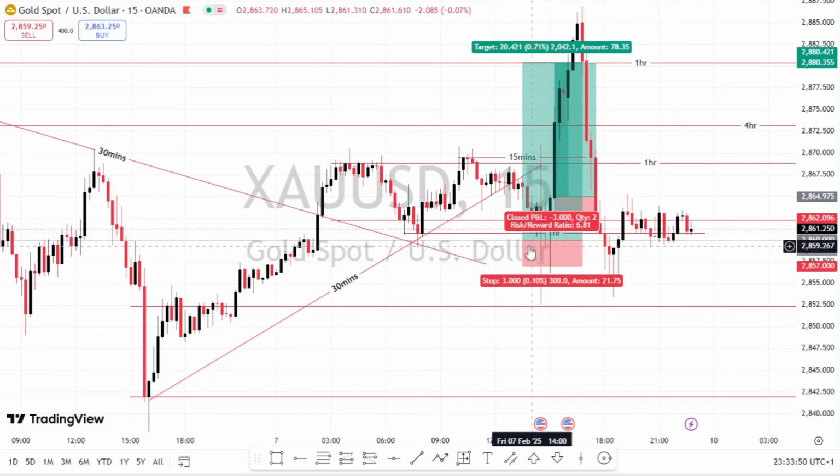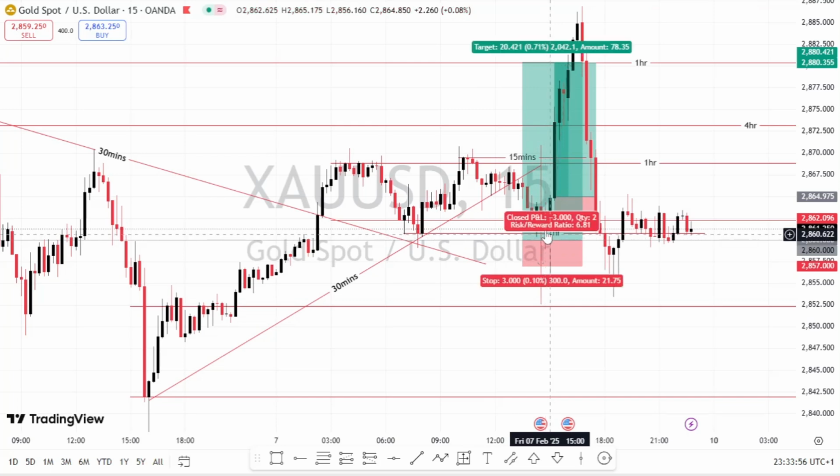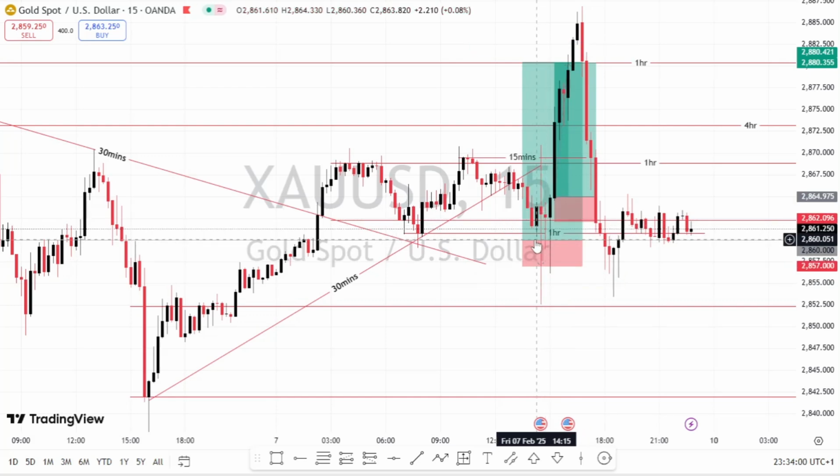This was the level I placed on a psychological level, because most times, once the market is close to a psychological level, it taps into it because your spreads are tight, and sometimes just a peep into it, boom, it starts pushing up. That's how it is, so I kept it there.